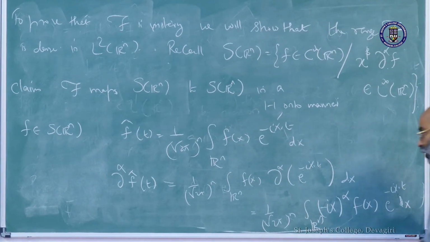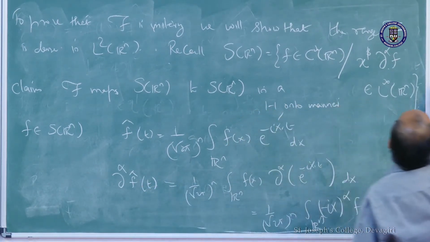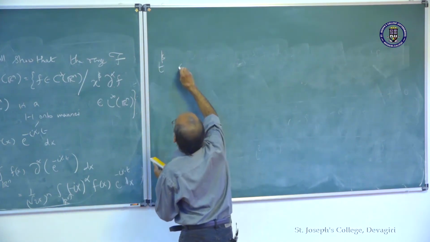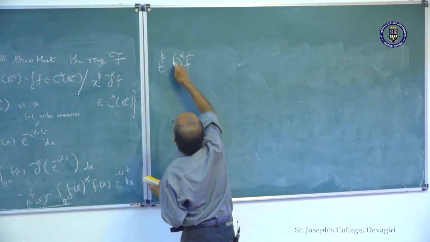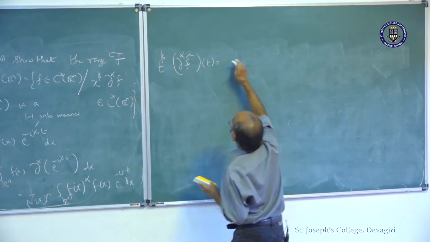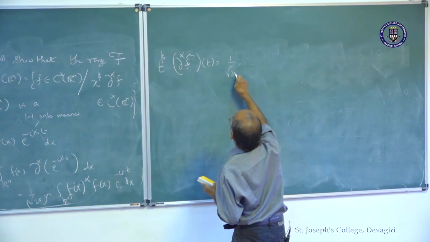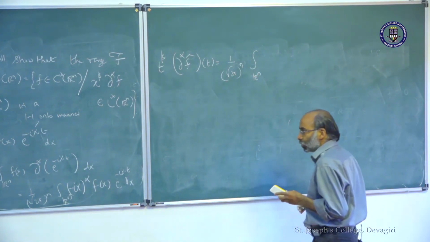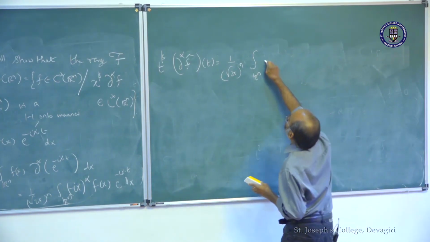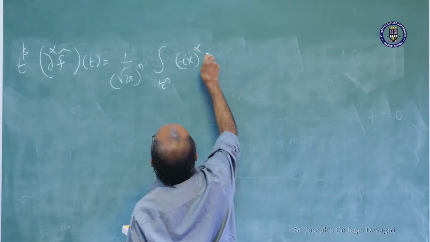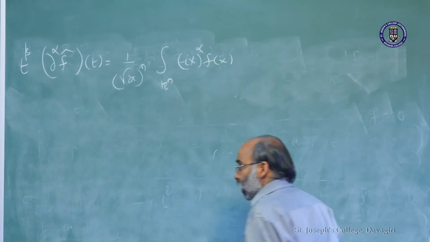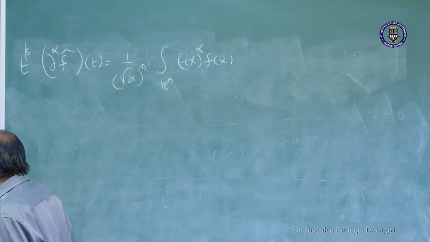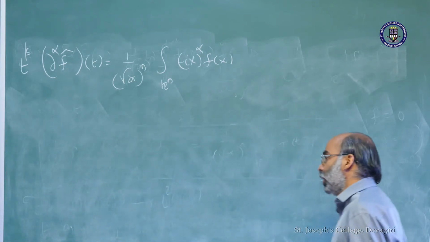Let's multiply this with t to the beta now. So, if I look at t to the beta times d alpha of f hat at t, this is nothing but 1 by root 2 pi to the n, integral over Rn. I have minus i x to the alpha f of x, right. This is my function. Then there is a t to the beta. Well, what is t to the beta times e to the minus i x dot t?